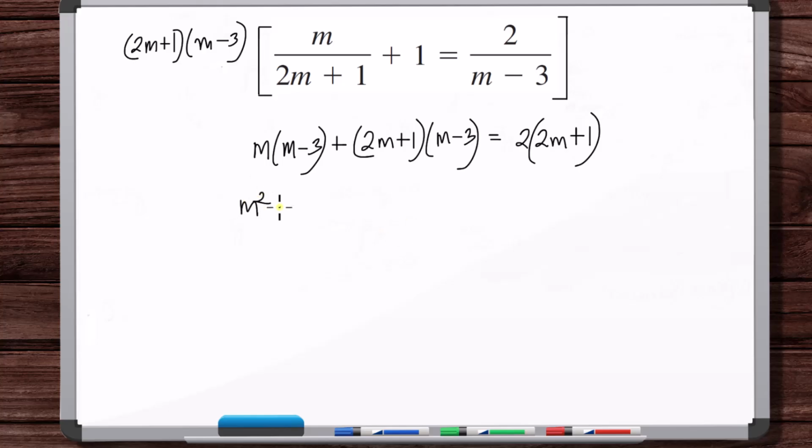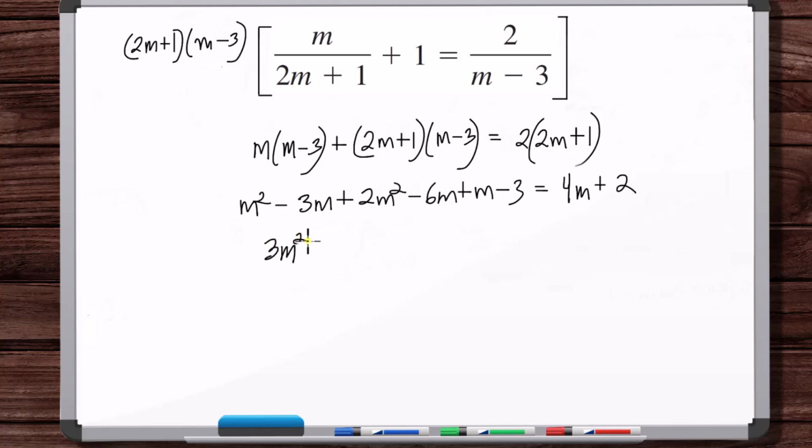So we've got m squared minus 3m plus 2m squared minus 6m plus m minus 3 is equal to 4m plus 2. So m squared plus 2m squared is 3m squared. Minus 3m minus 6m is minus 9m, plus m is minus 8m.